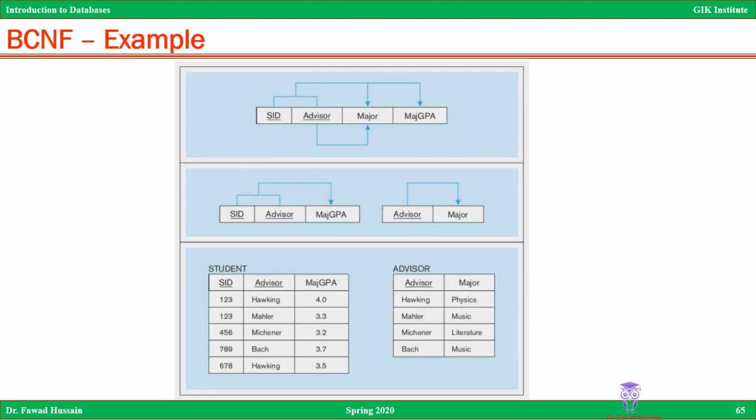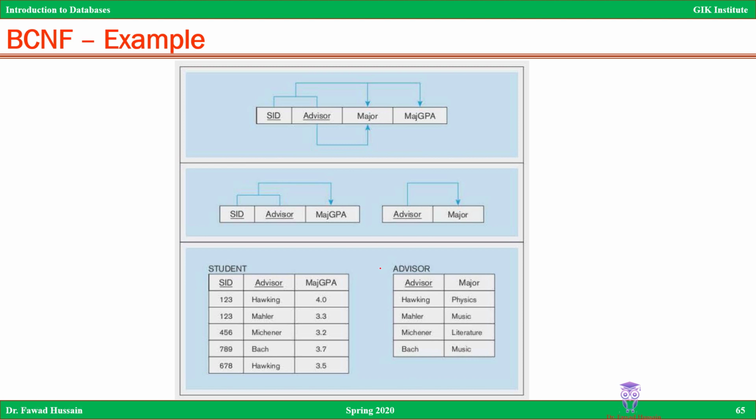What I'm going to do is divide it into two parts. The first part will have the student, the advisor and GPA, and then here I have the advisor and the major. So if the student is working with Hawking and Hawking is in physics, then I know that this 4 GPA is for courses in the physics department, and this 3.3 GPA is because this gentleman here, Meller, is working in the music department.